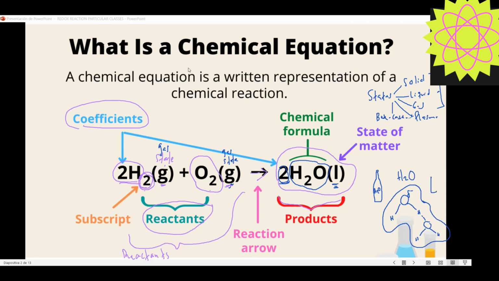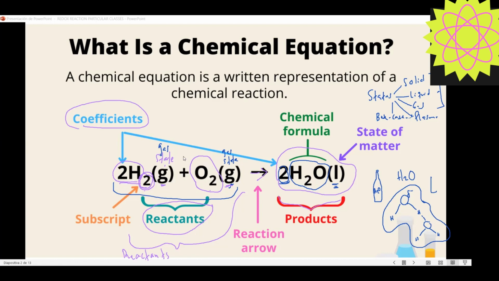Okay, so we have seen that the molecular composition, that is this one, has changed, right? Because in this case, we have 2 water molecules. Here we have 4 hydrogen atoms, right? In gas state, we have 2 oxygen atoms, right?